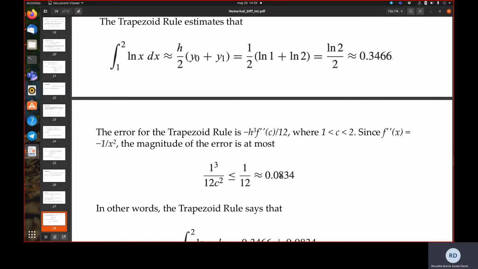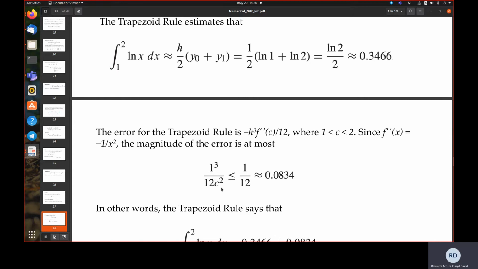So assuming that the second derivative is equal to this one, the magnitude of the error is going to be equal to 1/12 of 1 to the power 3 divided by c squared, which is in general the case for this polynomial or the second derivative of the function.